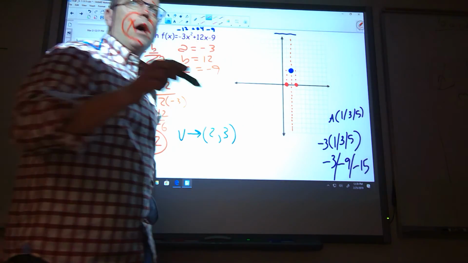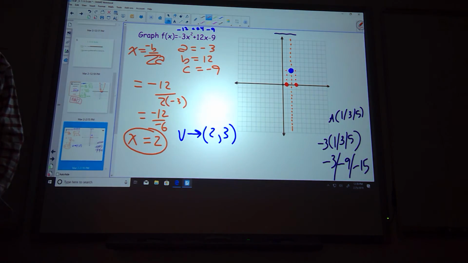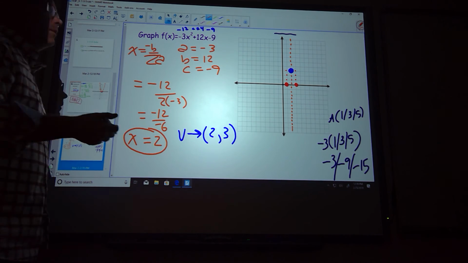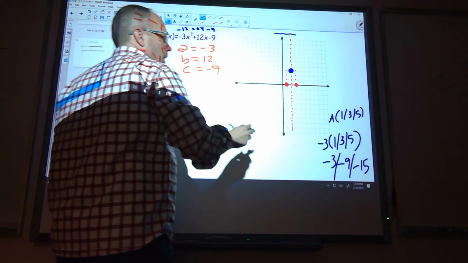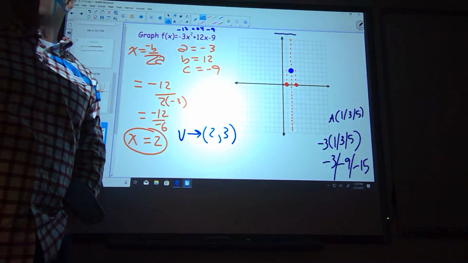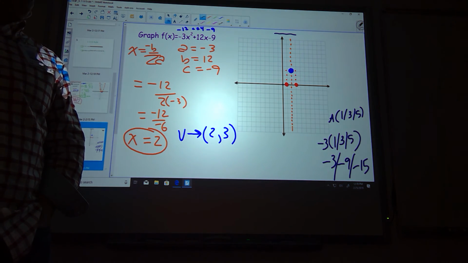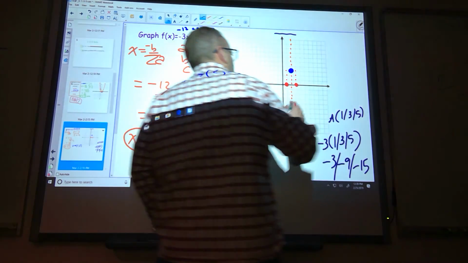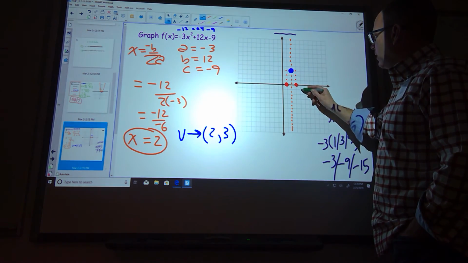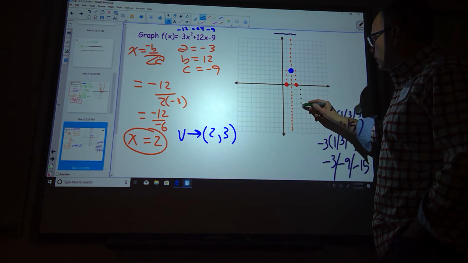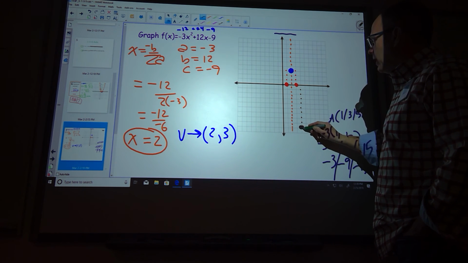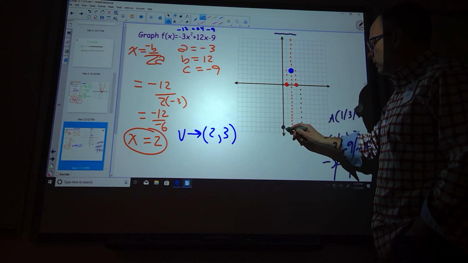Why did it go down 3? Well, it's negative, and my A value happened to be negative 3. So for my next point, I'm going to go right 1 and left 1 from my red dots, down how many? 9. So I'm going to go right 1 down 9, and left 1 down 9.